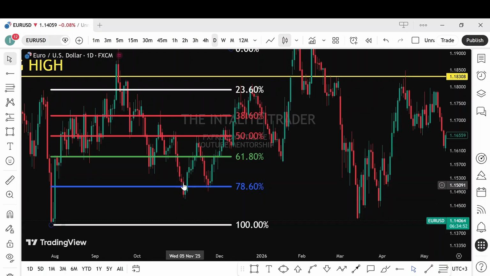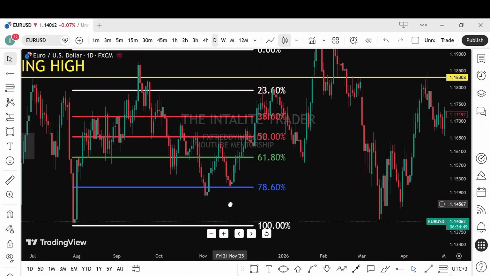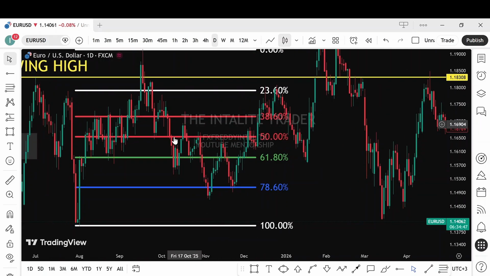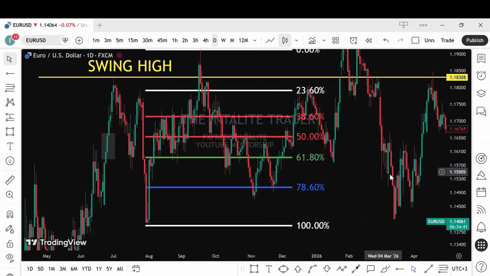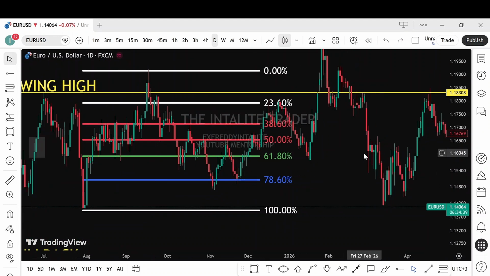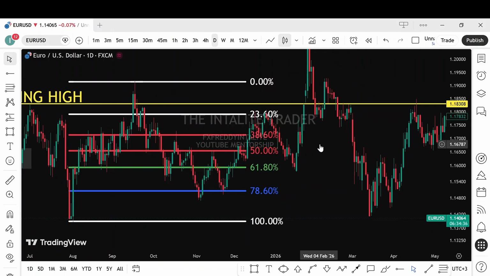Are you seeing? As I told you, for me, when price doesn't respect this level, it comes to this. I no longer treat it as a trend continuation. It tells me something based on experience that the market is now in a confused state.